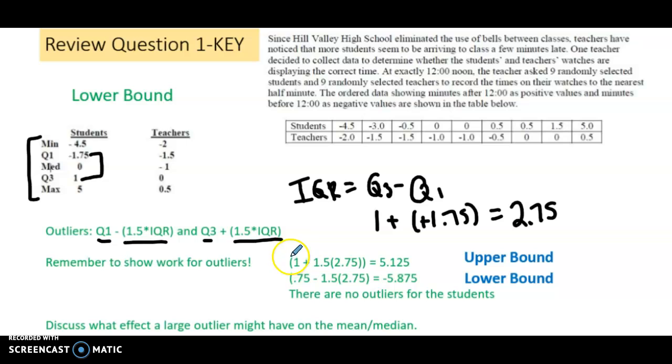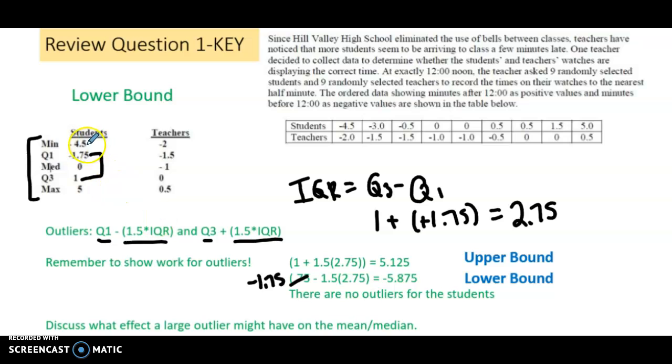So here's my upper bound, which is quartile 3 plus 1.5 times that IQR. Here's quartile 1. Okay, and this is incorrect. This should say negative 1.75.